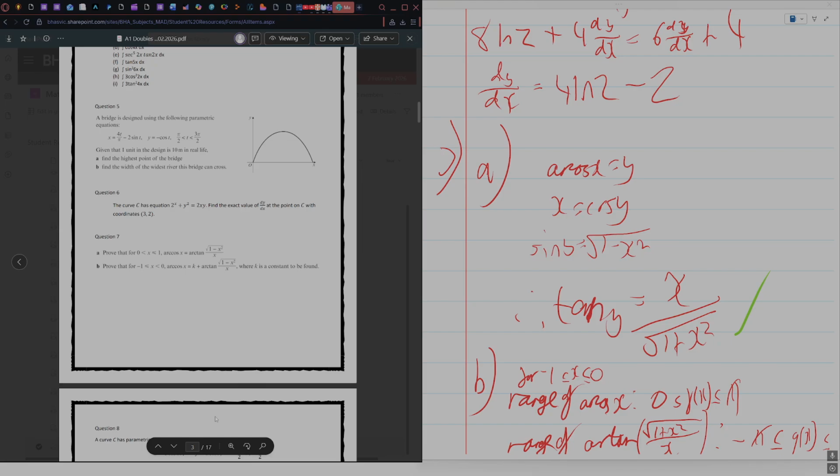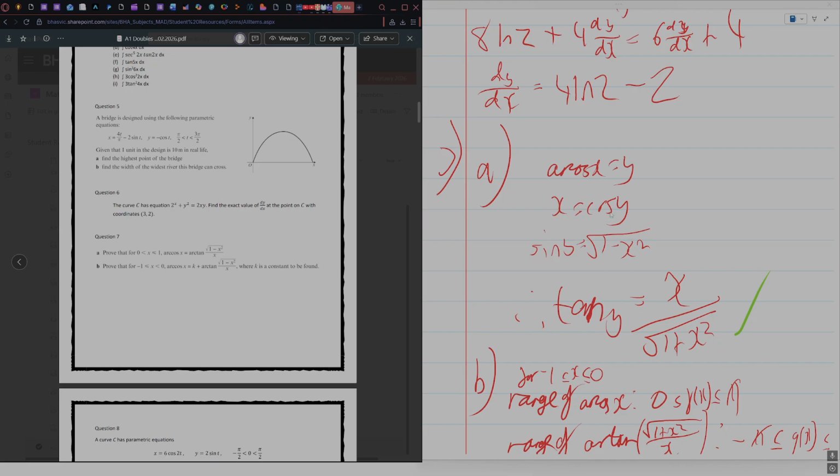Yeah, inverse trig is actually quite a difficult topic, to be honest. It can get quite hard, but when you kind of figure it out, it gets a little bit easier. So you set arc cos to y here, and then you can say x equals cos y, and then you can rearrange this to say sine y equals that, because if you were to square this equation and then multiply it by -1 and then add 1 and then square root it, it would be root 1 minus x squared equals root 1 minus cos squared y, which is just sine y.